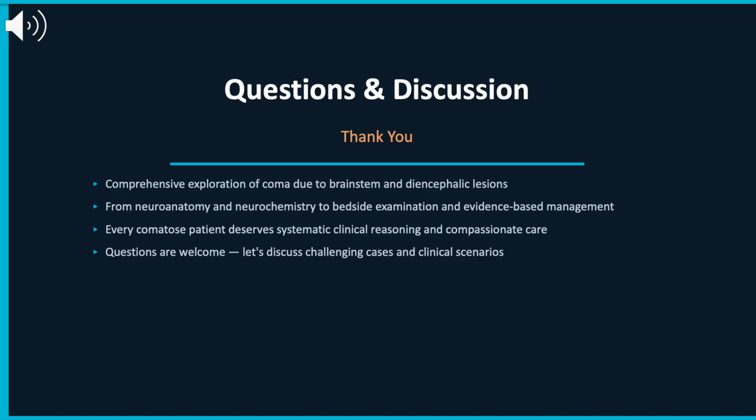Yet with systematic application of the principles we've discussed, understanding the functional neuroanatomy, performing meticulous neurologic examinations, rapidly identifying and treating reversible causes, integrating multiple diagnostic modalities, and engaging in honest, compassionate communication with families, we can optimize outcomes and provide excellent patient-centered care even in these most difficult circumstances.